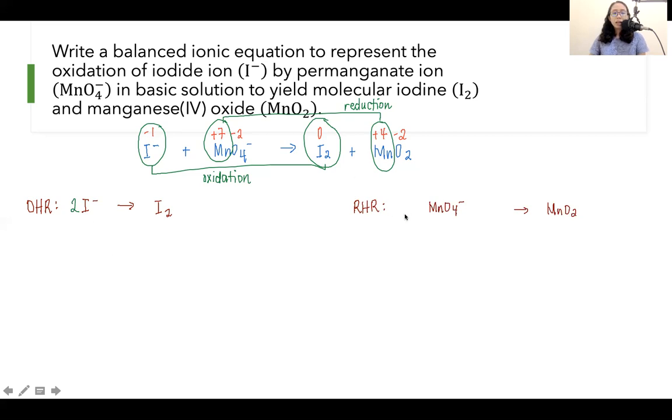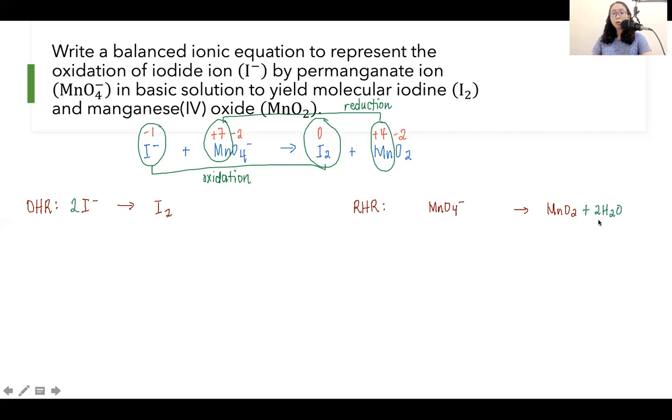Next, we go to the reduction half reaction. Manganese is already balanced, but we have oxygen. We have four oxygens on the reactant side, but only two oxygens in the product side. Again, we use water molecules to balance the oxygens. So we place two water in the product side.